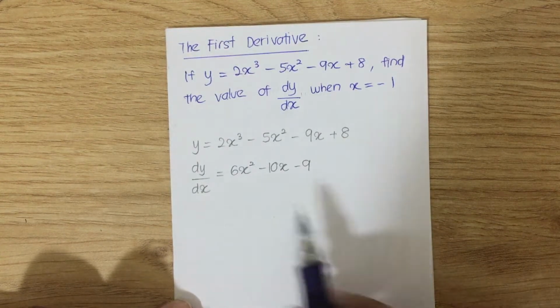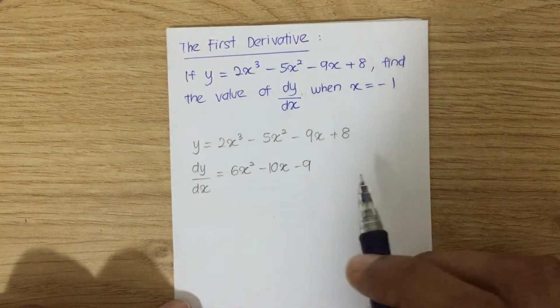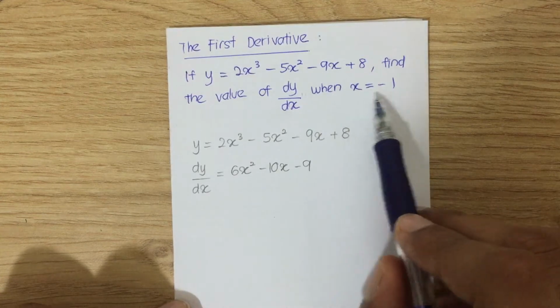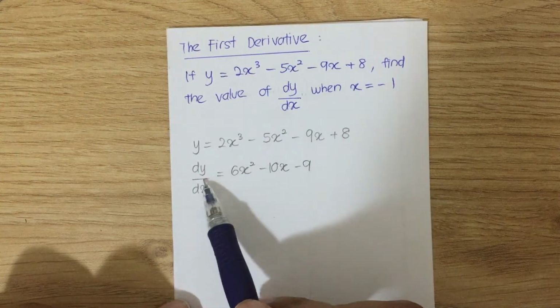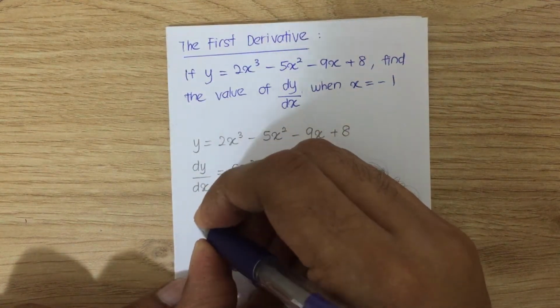Up until here, I hope you guys are clear about the working. From here, we're going to use the x equals -1 value and substitute it into the dy over dx equation. Let me write in the working here.